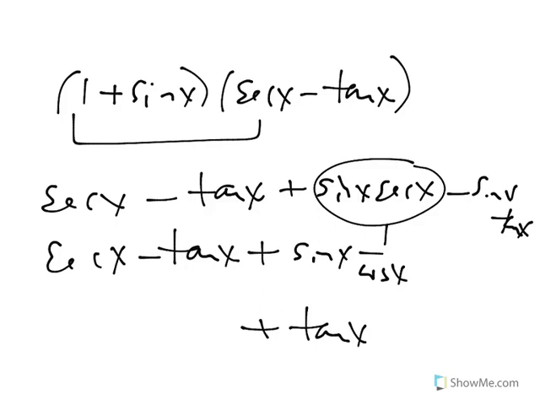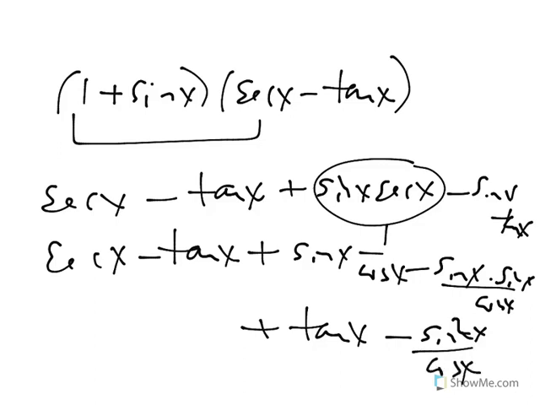And sine x tan x is the same thing as sine x times sine x over cosine x. So that looks like sine squared x over cosine x. It's getting kind of ugly, but these two tans cancel out.